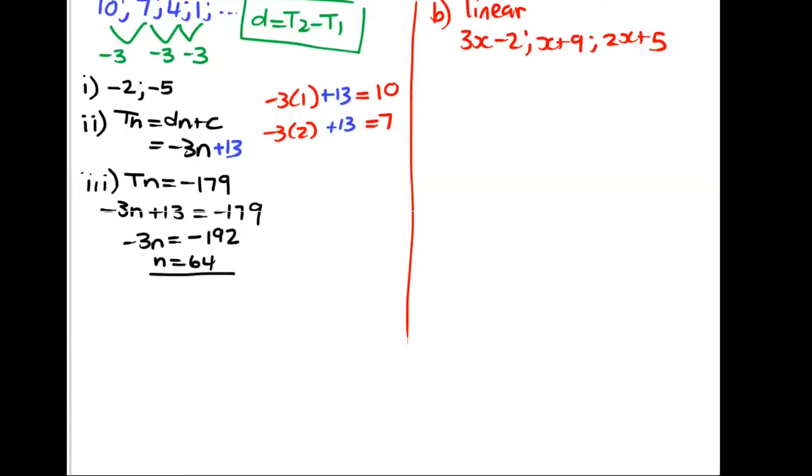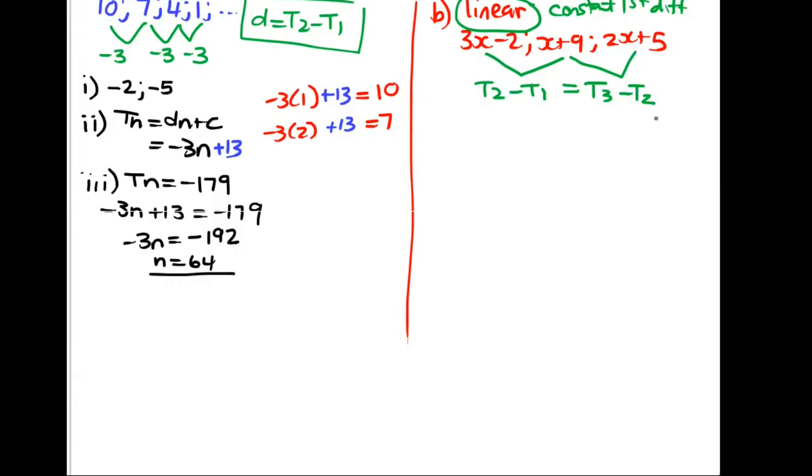So the concept we're going to use here is when they tell us it's a linear pattern, it means there is a constant first difference. Meaning this term minus this term, so T2 minus T1, equals this term minus this one, which is T3 minus T2.